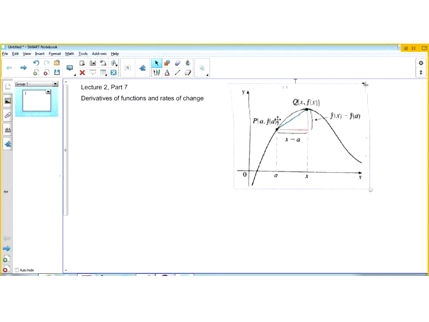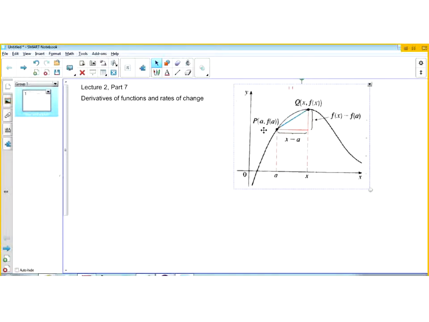All right, so consider this illustration. What's going on in this picture? Well, the black curve, of course, is your f of x in the xy plane. And notice the blue line segment that connects the point P to the point Q. The point P is given very specific coordinates.